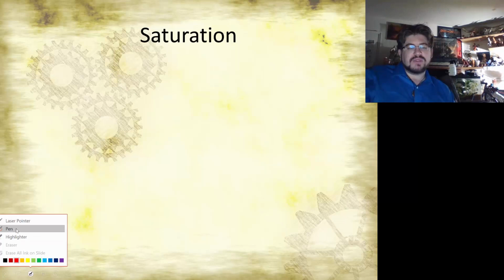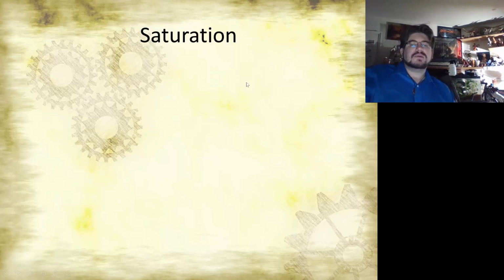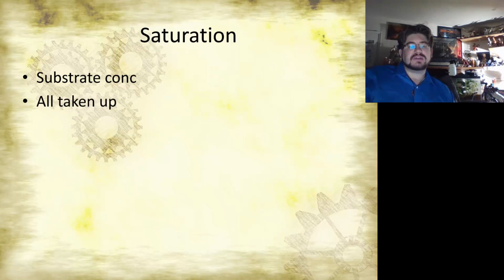And then it'll have to run through all 50 before it can do the other 10. So at the point where the substrate concentration equals the enzyme concentration, we have a situation where in a given instant, every active site is bound up. So adding additional substrate will not make anything occur more often. You have to wait for the full cycle to complete, and then you have to go through another cycle.